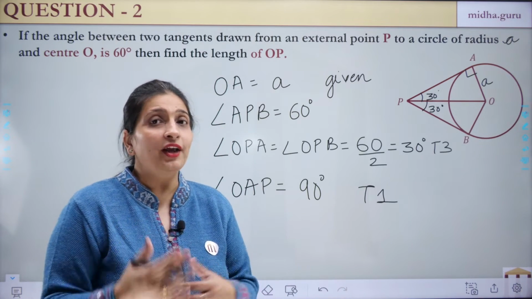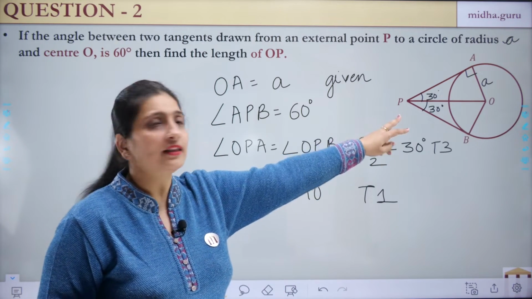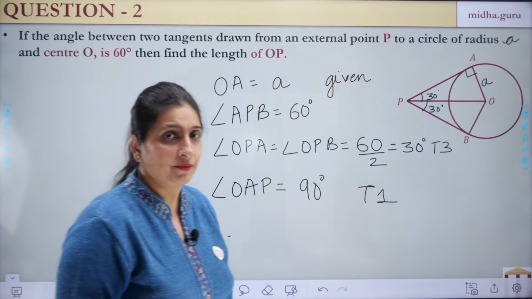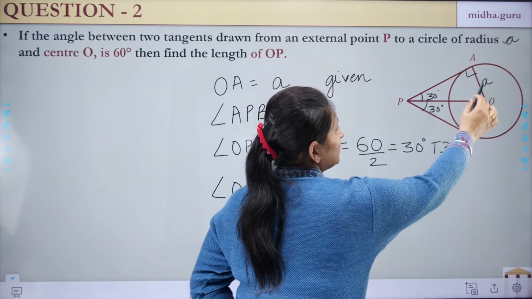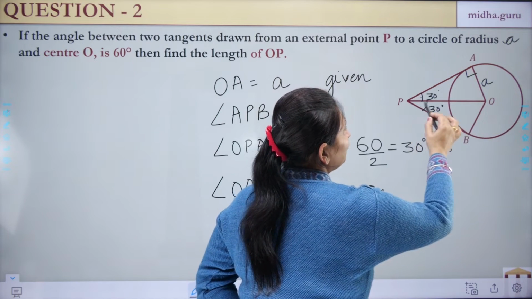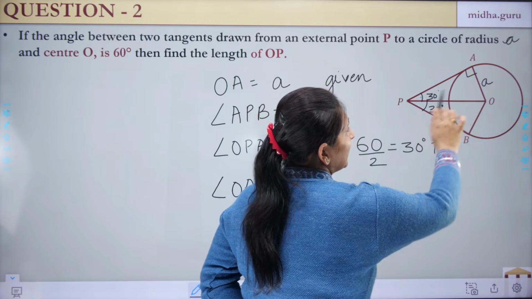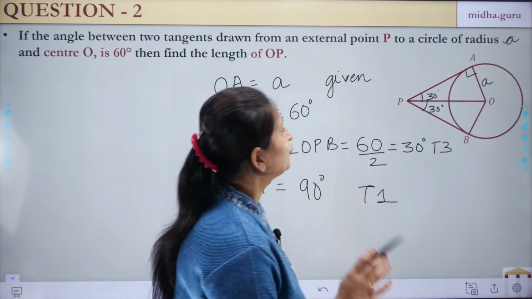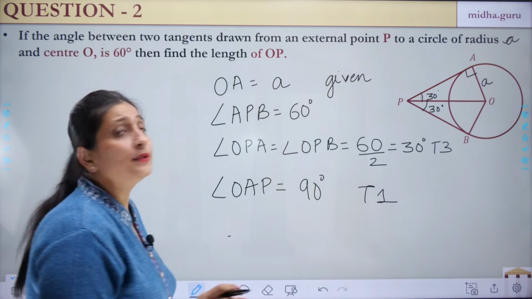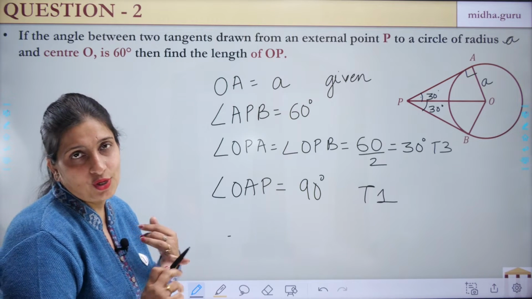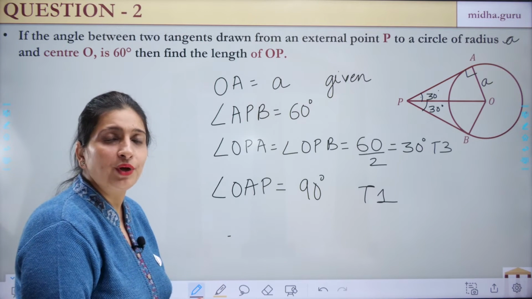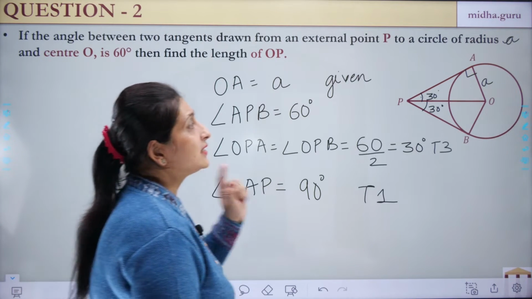So using trigonometry, can't we find the length of OP in terms of A? Yes. The opposite of this angle is OA, which is a radius, and we have to find OP, which is the hypotenuse. That means we have perpendicular and hypotenuse. So which trigonometric ratio are we going to take? Yes, we'll take sine.